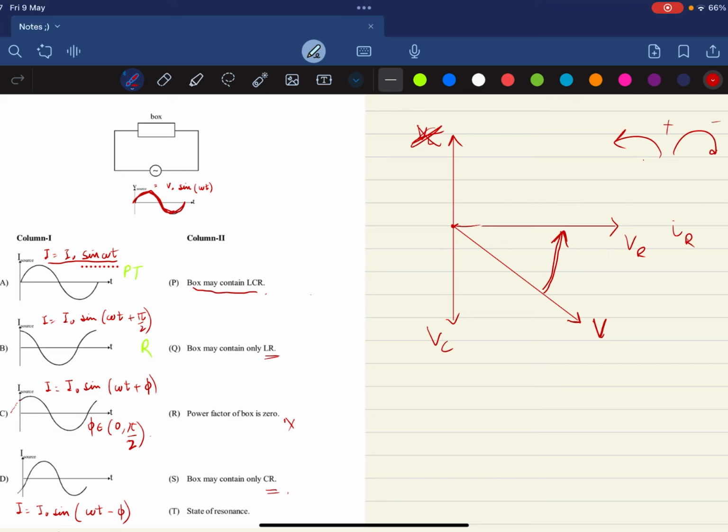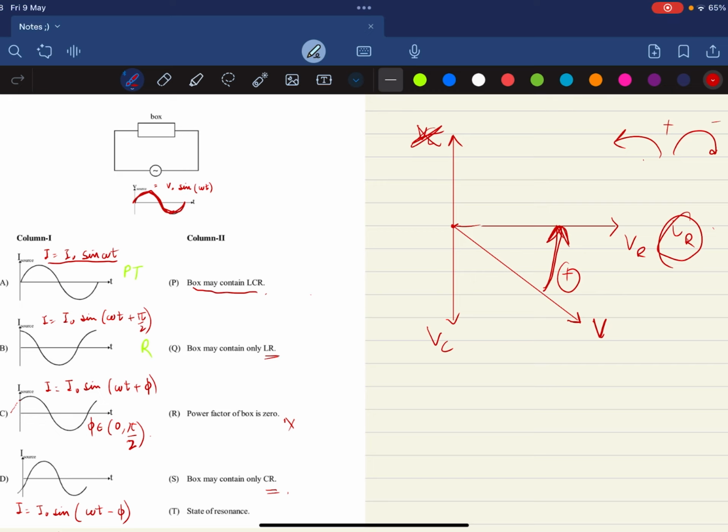So when we move anti-clockwise, we take positive, and this is a convention in angle in radians. So we have moved positively anti-clockwise and we have reached the current. So current is leading in this case.